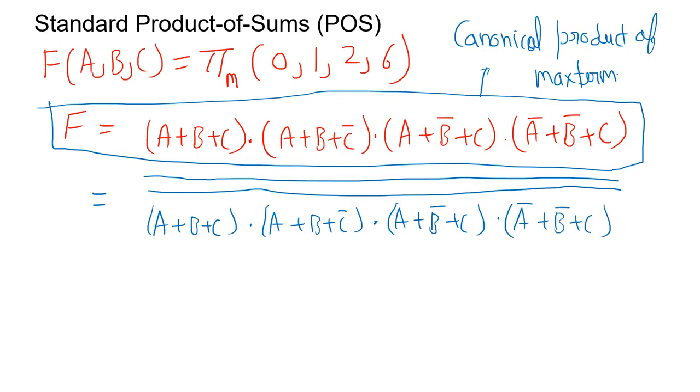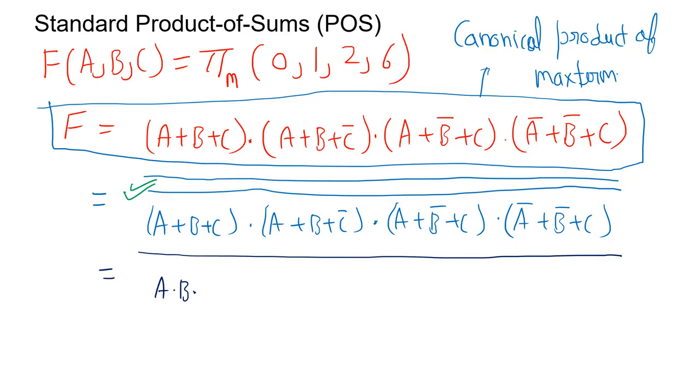Now I want to break the first one. Once you break the first one, the second one will be on top of it. You will get A dot B dot C, and bar, all of them, plus, so we have used De Morgan's law, right?